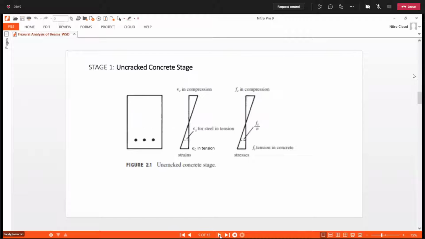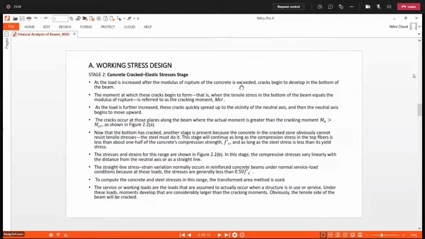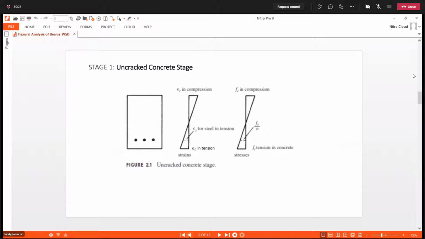So yung pinaka bottom ng concrete section natin, meron pa siyang stress dito kasi hindi pa nagka-crack yung concrete, kaya uncracked pa siya. That is why you still have a value of the stress in concrete in tension.